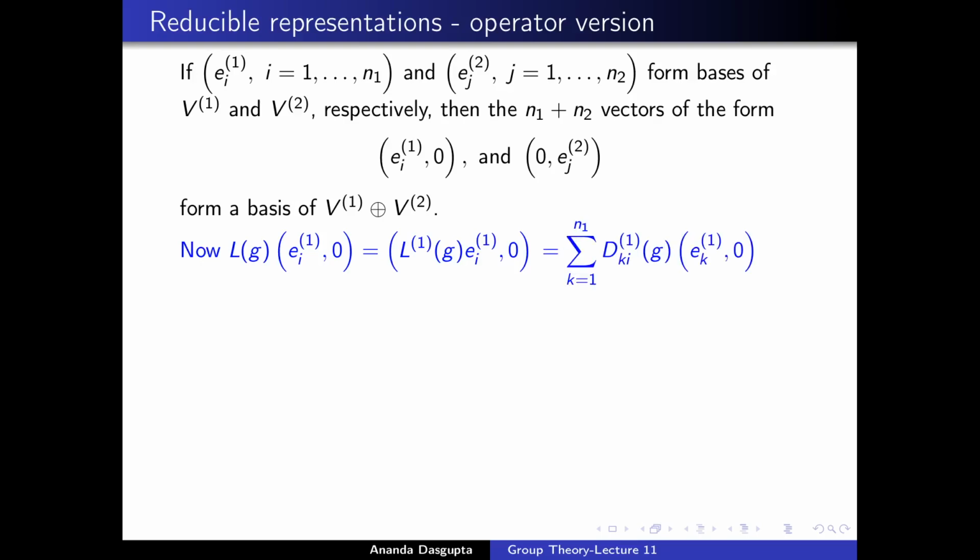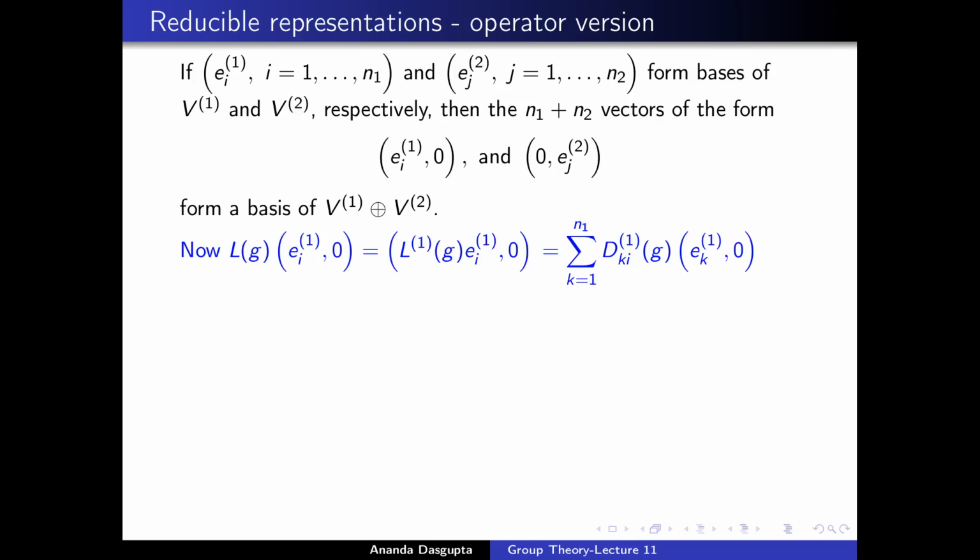So the action of L(g) on (ei1, 0) simply becomes the sum from k equal to 1 to n1 of Dki1(g) (ek1, 0). Of course, this means that when L(g) acts on the first n1 basis vectors, the resulting vector can be expanded in terms of only the first n1 basis vectors. The other n2 basis vectors do not appear in this expression.